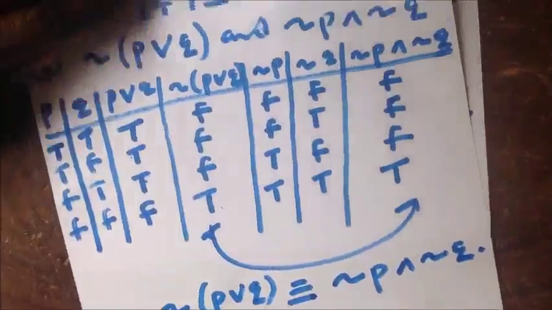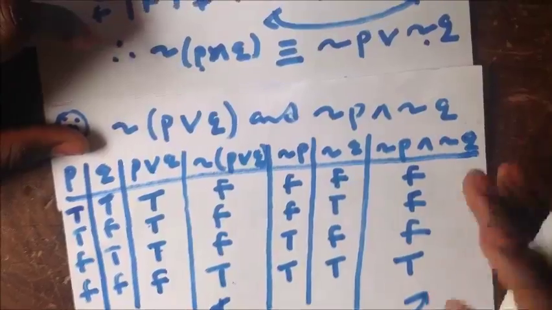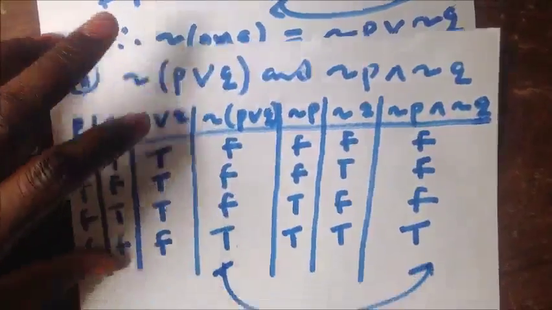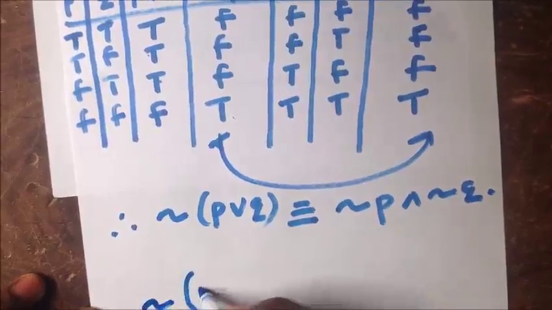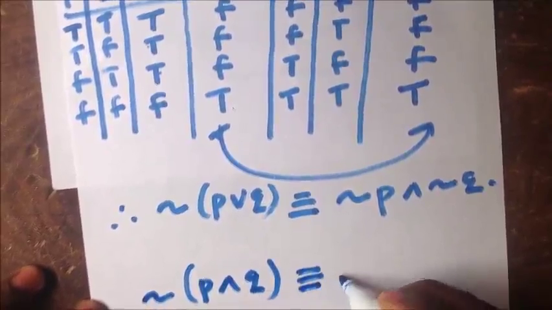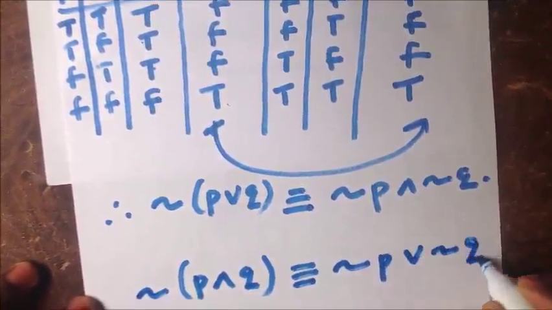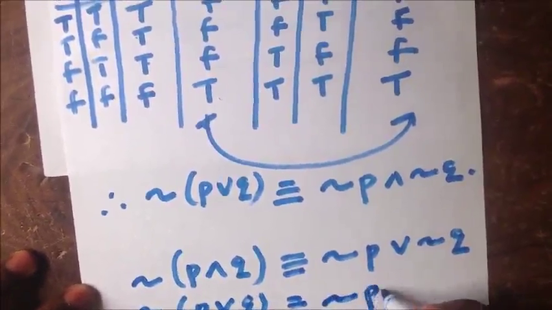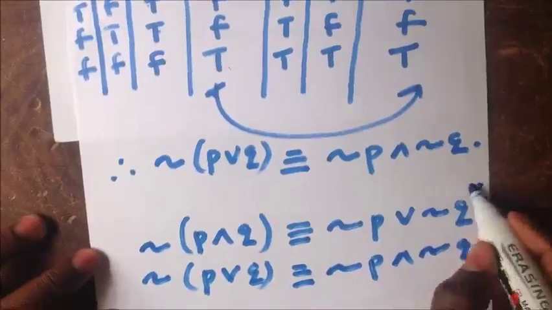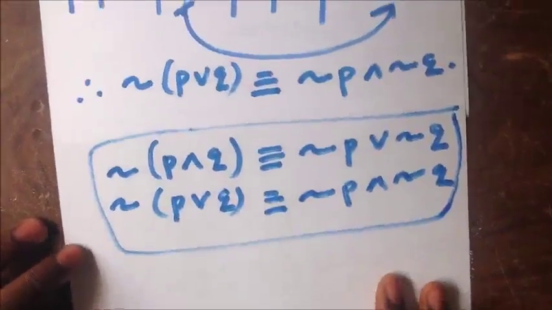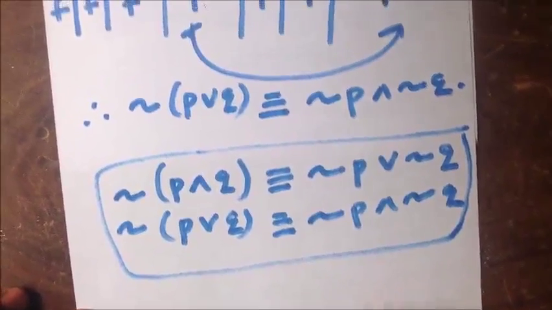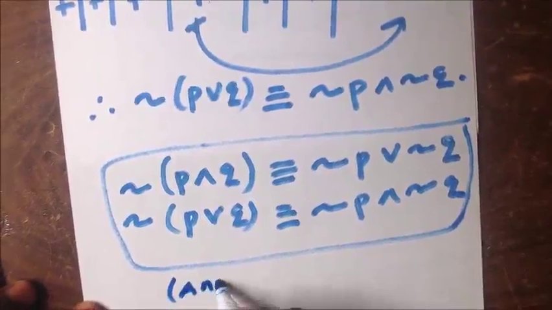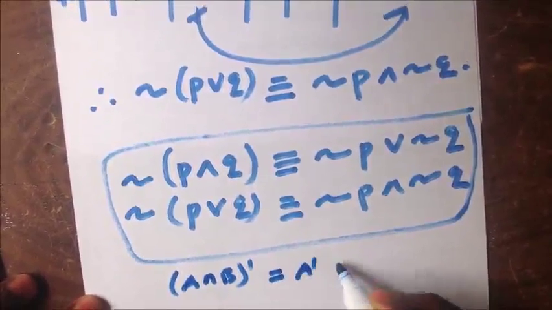Now, if you observe this, something occurs. The first answer we derived from the first question is that the negation of P and Q is logically equivalent to the negation of P or negation of Q. The second one we proved is that the negation of P or Q is logically equivalent to the negation of P and negation of Q. If you remember, in set theory, De Morgan's law says that A intersection B, all complement, is equal to A complement union B complement.